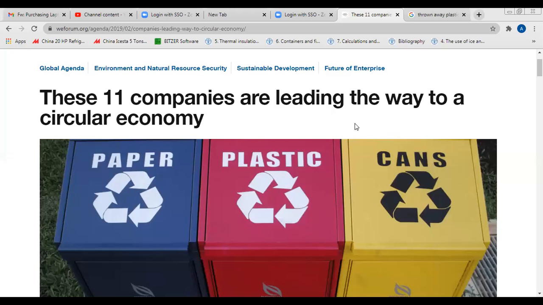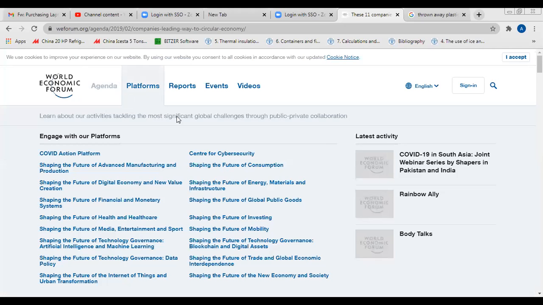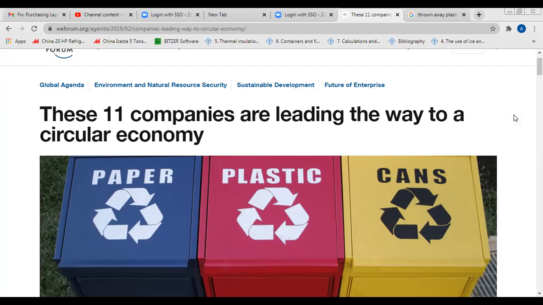This is a newspaper article. Not to say newspaper article, this is the World Economic Forum article. Okay. The 11 companies are leading the way to a circular economy.